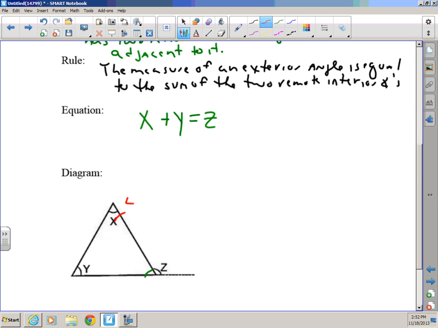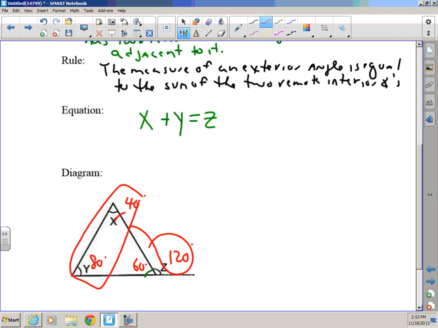Let's say angle X is 40 degrees. And let's say angle Z is 120 degrees. Well, I know the angle that doesn't have a letter here, but is next to Z, is 60 because they form a straight line. And then I know 60 and 40 is 100, which makes Y 80 to give me 180 degrees.